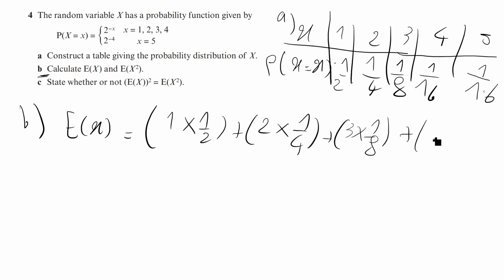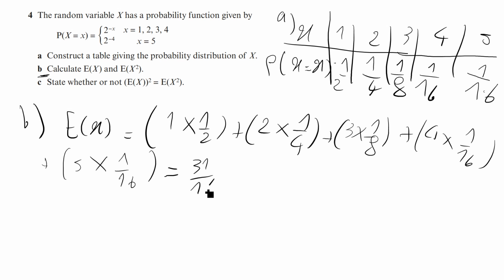So 4 times 16th, and finally 5 times 16th, which is equal to 31 over 16. And also if we find the value of E of x squared and do the same thing, we will get 83 over 16.